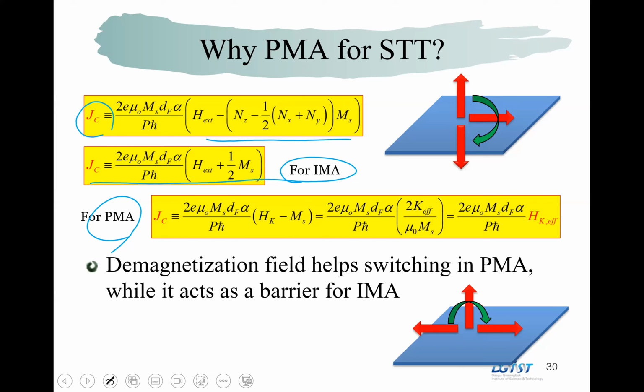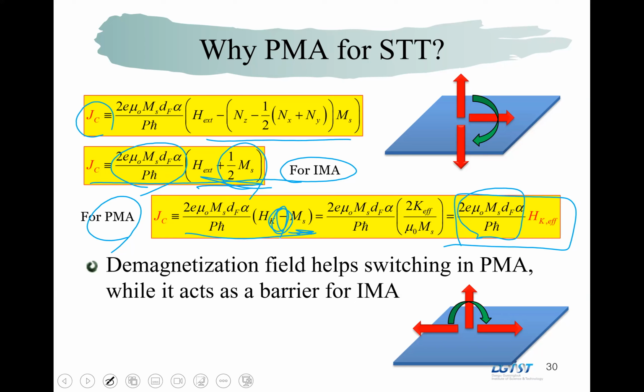If you do the same calculation, we obtain this form, and they have this kind of critical current density, and this number is almost the same as here. The only difference is H external plus half of the MS. But in this case, the MS has a minus sign here.